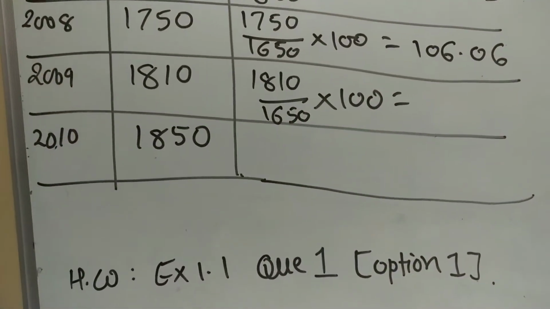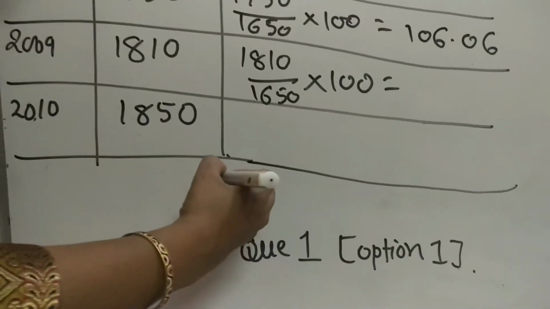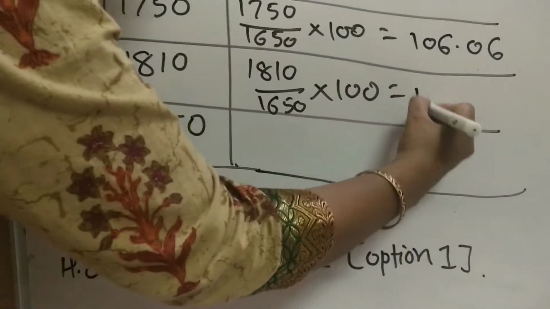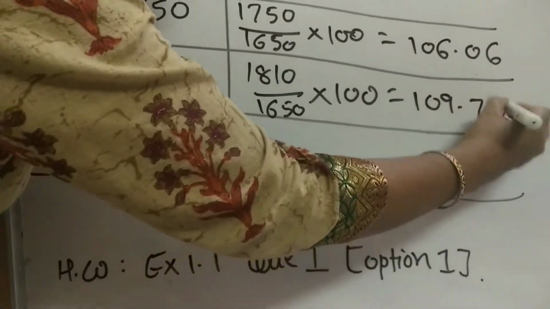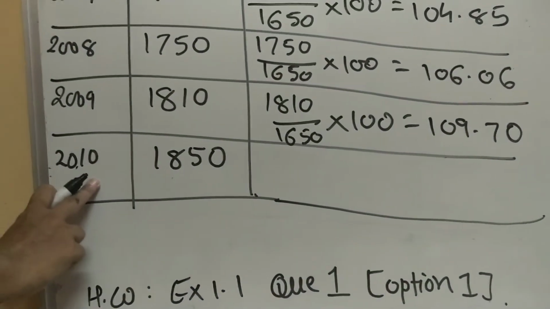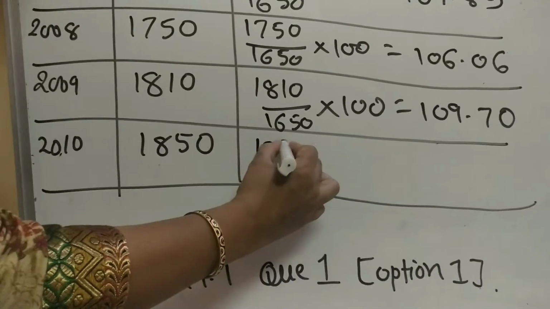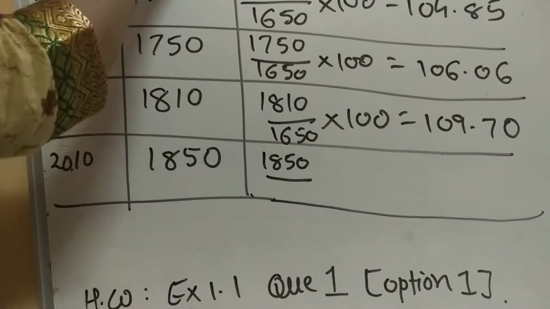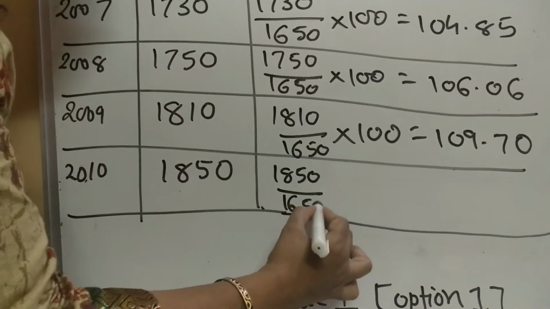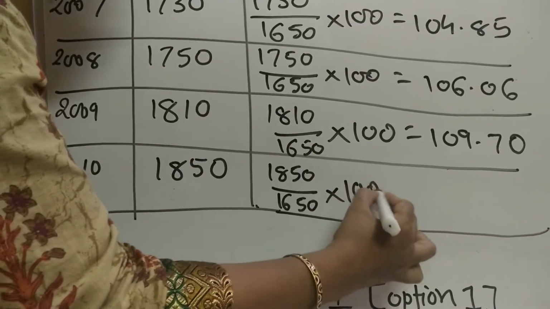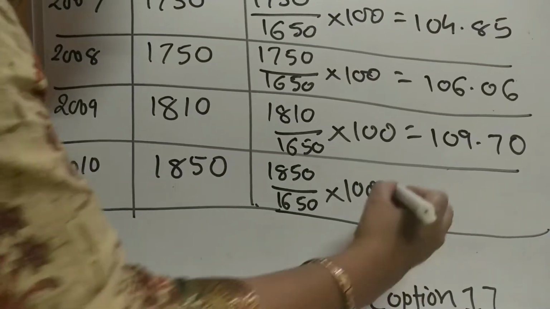So what is the answer of it? Answer for the year 2009 would be 109.70. 2010 is my current year and its price is 1850 upon base year, that is 1650 into 100. So what is the answer?